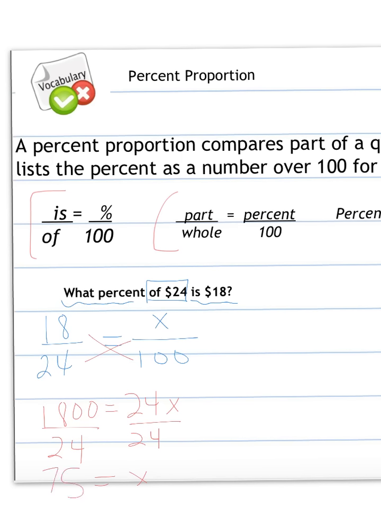And we can go back and check this by finding 75% of 24, so 0.75 times 24, and we do get 18. Just a little check to say, yep, this 75% is correct. And since it was asking what percent, we need to make sure we have a percent sign on there.